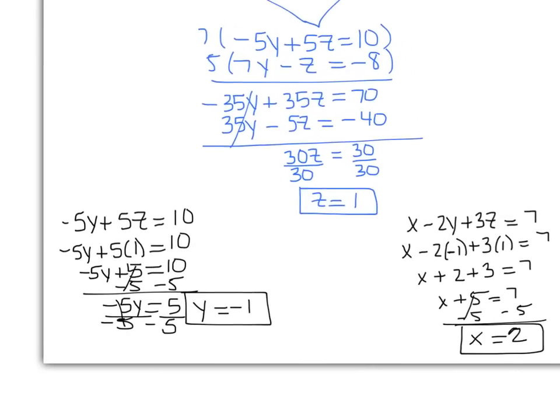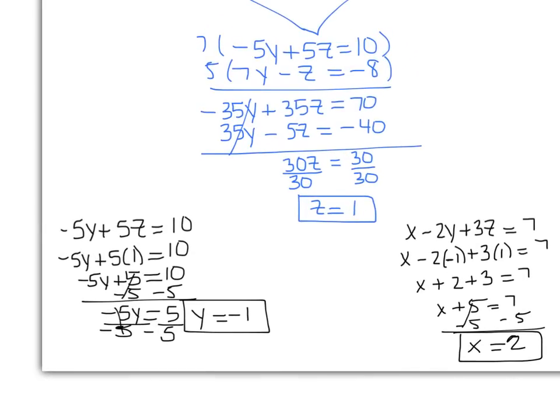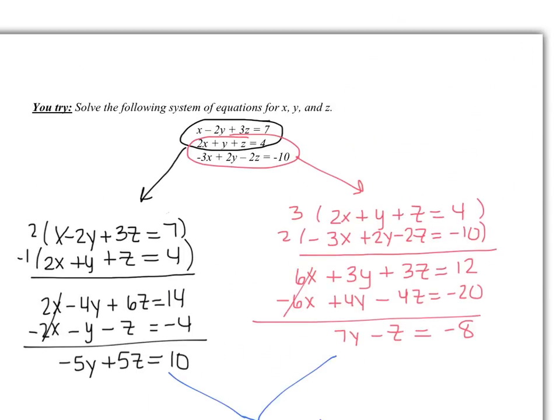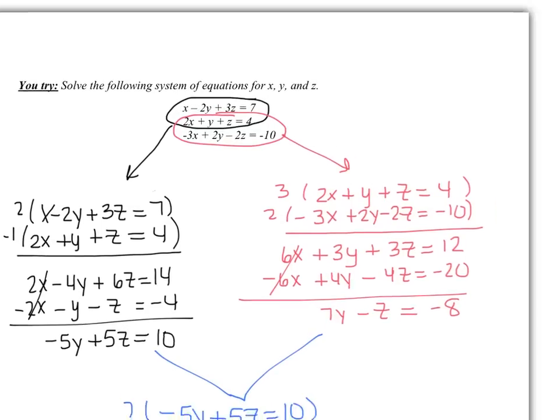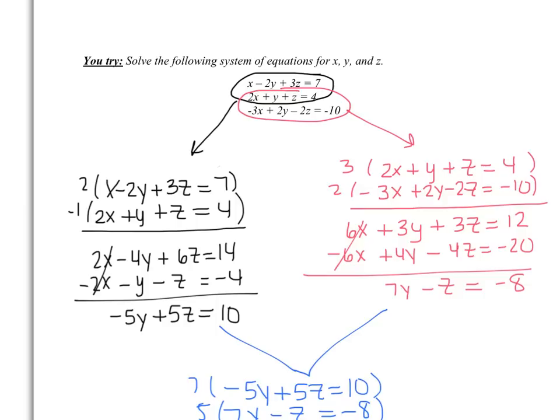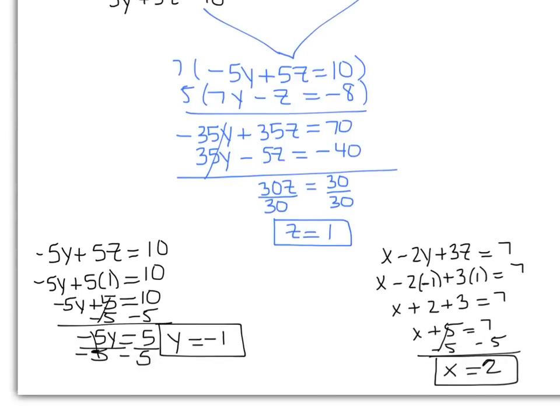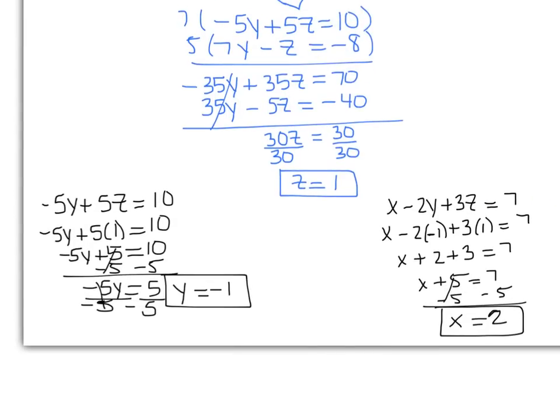So I plugged in z equals 1 into here, solved this whole thing, got y equals negative 1. Then I went back to the original equation, which is this guy up here, one of these 3 original equations. I chose the top one, and I rewrote it down here. And then I substituted the z and the y here and here, and I solved this equation for x.